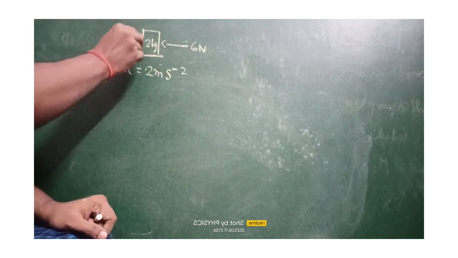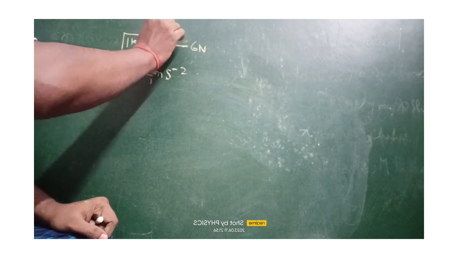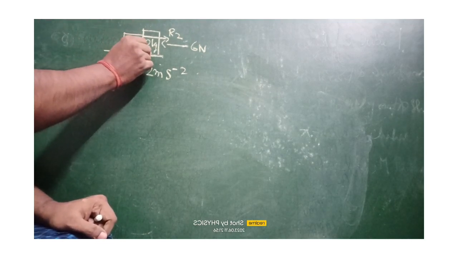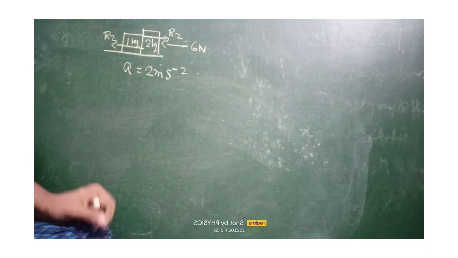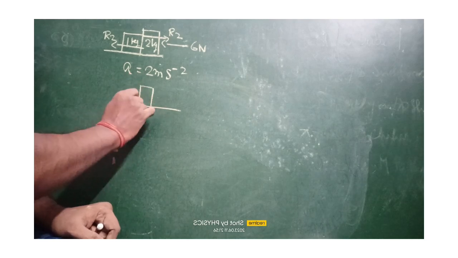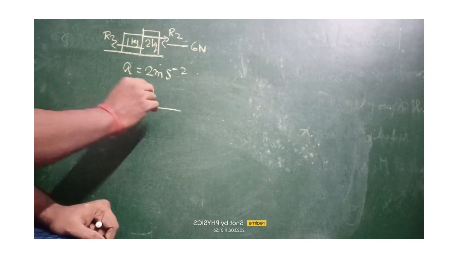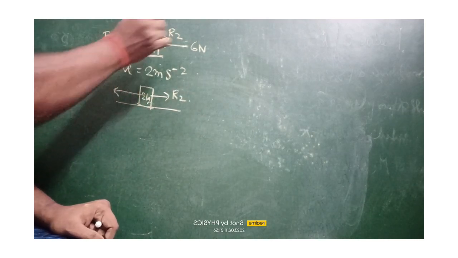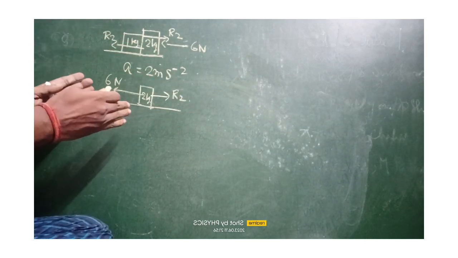But the normal reactional force, let us consider R2, okay, and for this 2 kg the reactional force is R2. Now considering the 2 kg, R2 is the normal reactional force and here is the 6 Newton force, and the body is moving in the left direction.